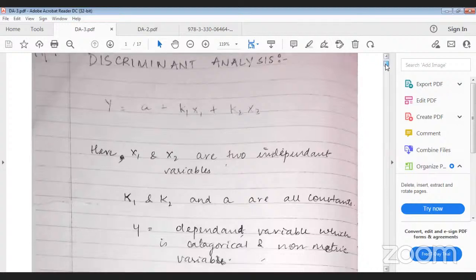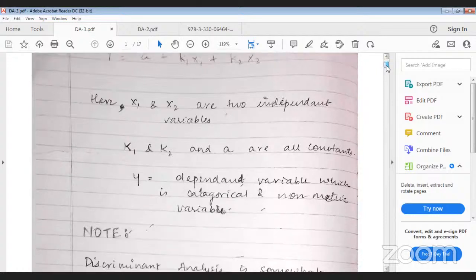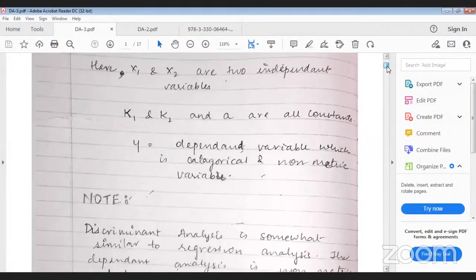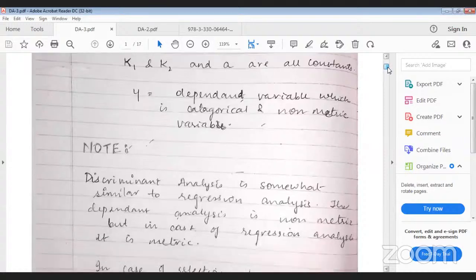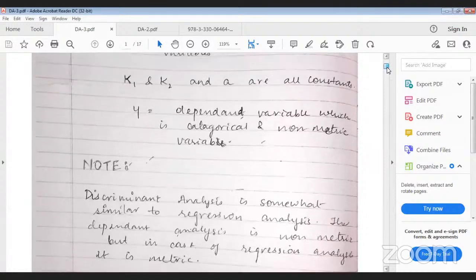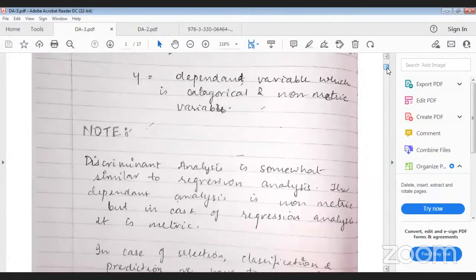And y is the dependent variable, a categorical or non-metric variable. Non-metric, you already know the meaning; it also comes under categorical variable.